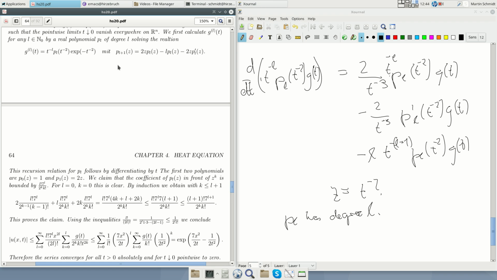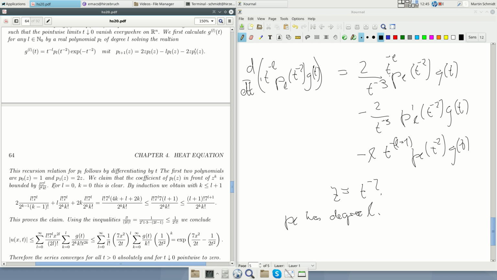First, if we just increase L by 1, then this factor 2, since we increase the power by 1, we should take here the power k minus 1. So this gives this factor here. Now, since we estimate, we make the minus into a plus. So all the absolute values of the coefficients are bounded by this.